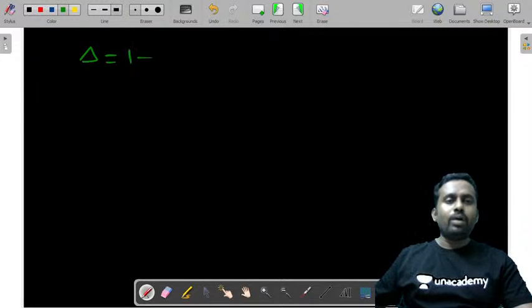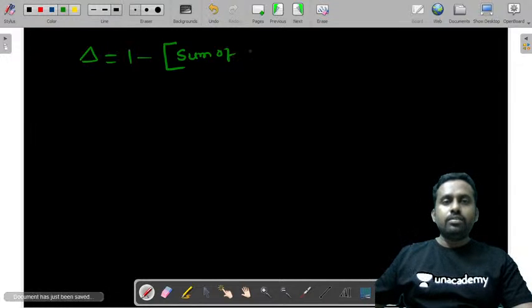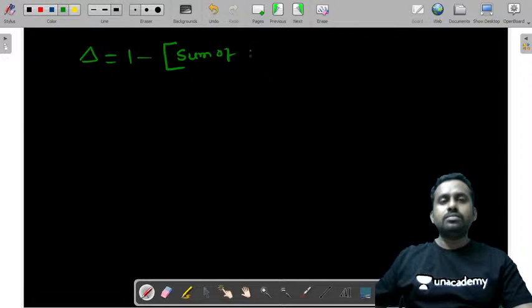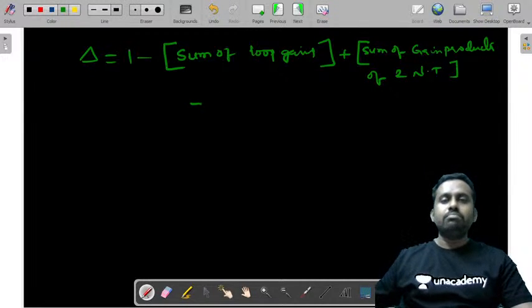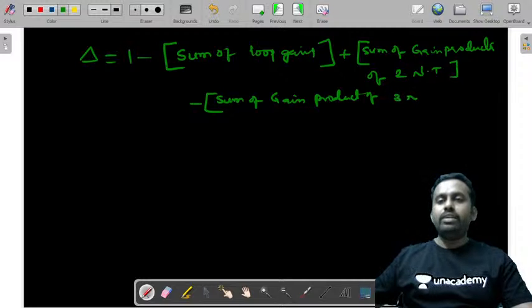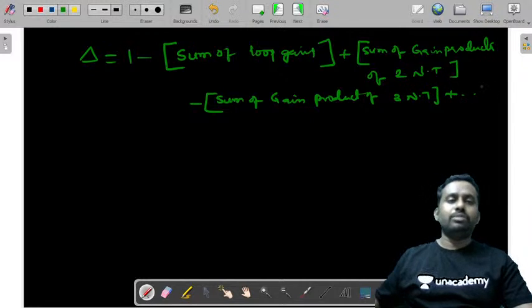Delta is given as 1 minus the sum of the loop gains, plus the sum of gain products of two non-touching loops taken at a time, minus the sum of gain products of three non-touching loops taken at a time, plus and so on. This will be the delta.